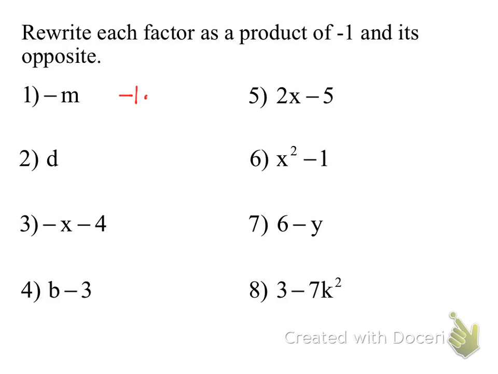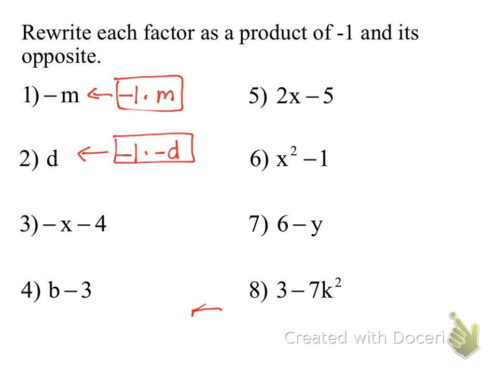What's the opposite of negative m? Okay, does that equal this? Yep. So what would I write here? Negative 1 times what? What's the opposite? Negative d. Does that equal what I started with? Yes. Okay. Rewriting it as a product of negative 1 and its opposite is equivalent.